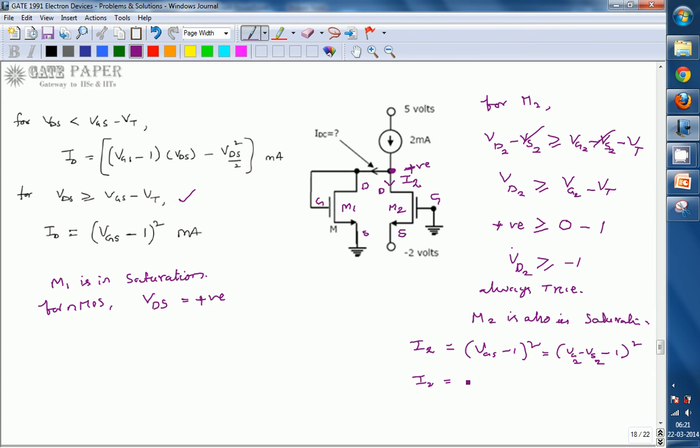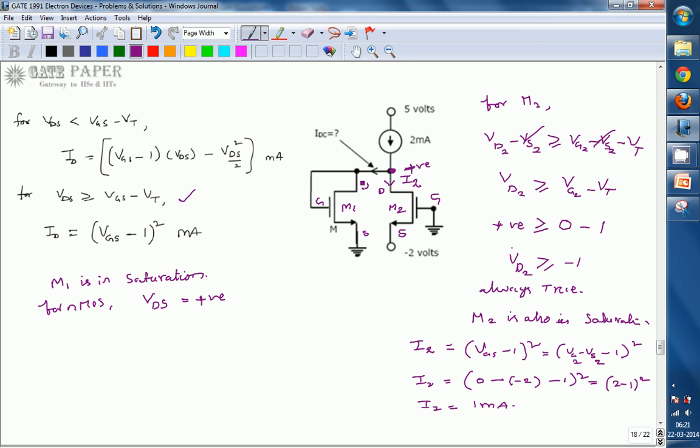So I2 is equal to VG2, the gate of M2, which is at ground, minus VS2, the source of M2, which is connected at minus 2 volts, minus 1 whole square, which is 2 minus 1 whole square. So I2 is equal to 1 milliampere.